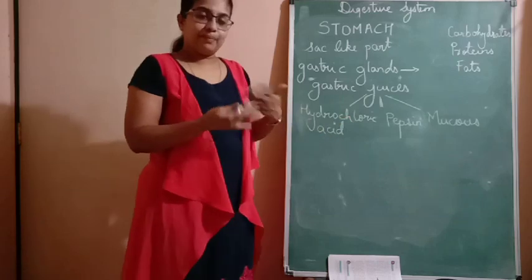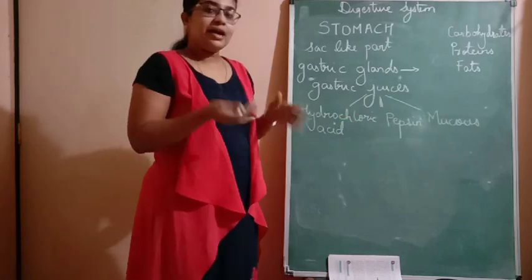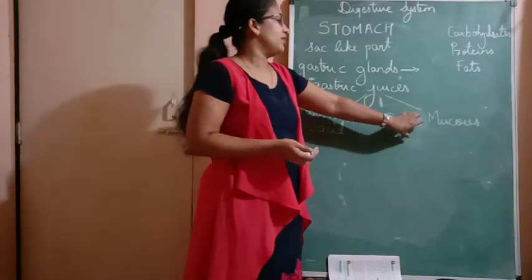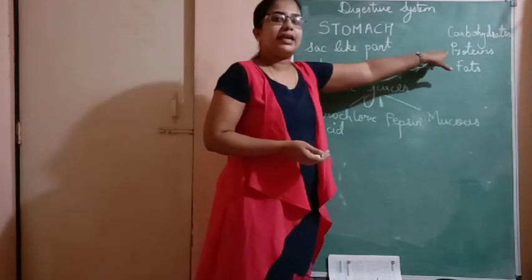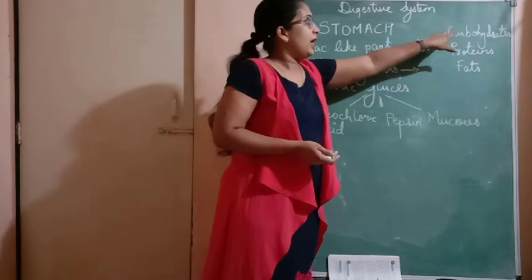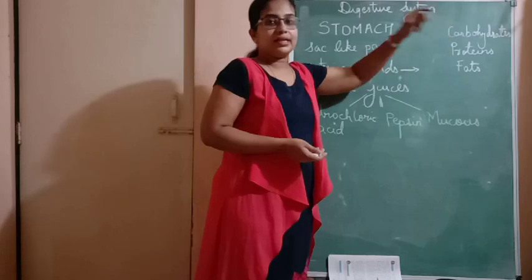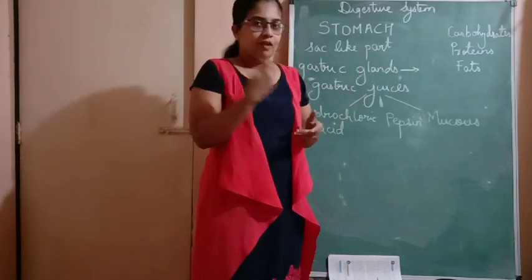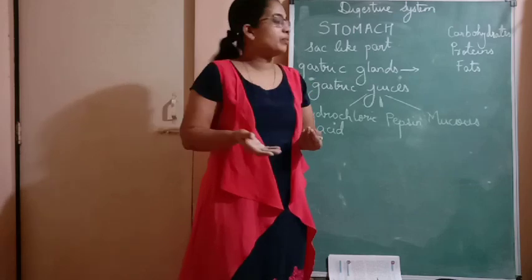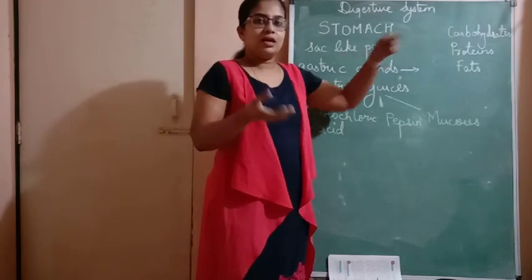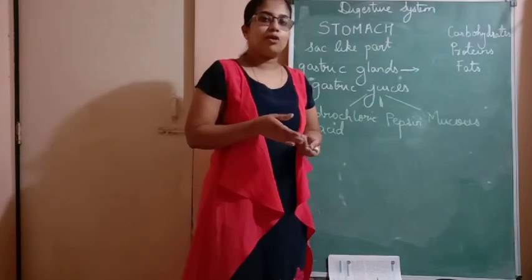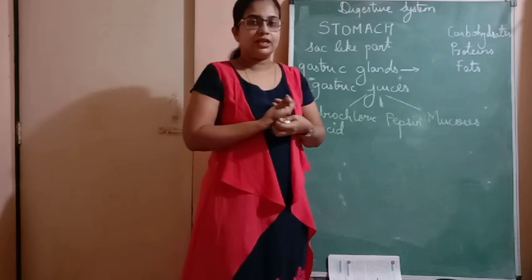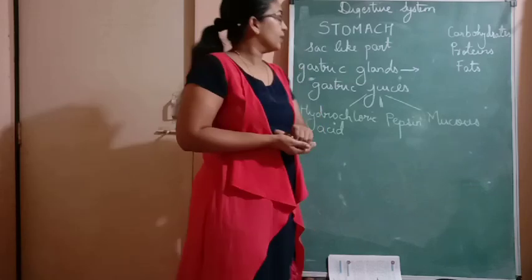Hydrochloric acid makes the food acidic, it breaks down the food, and the main function of pepsin is to break down protein. As you saw, the digestion of carbohydrates began in the mouth, wherein the saliva broke down the starch present in the carbohydrates into maltose.